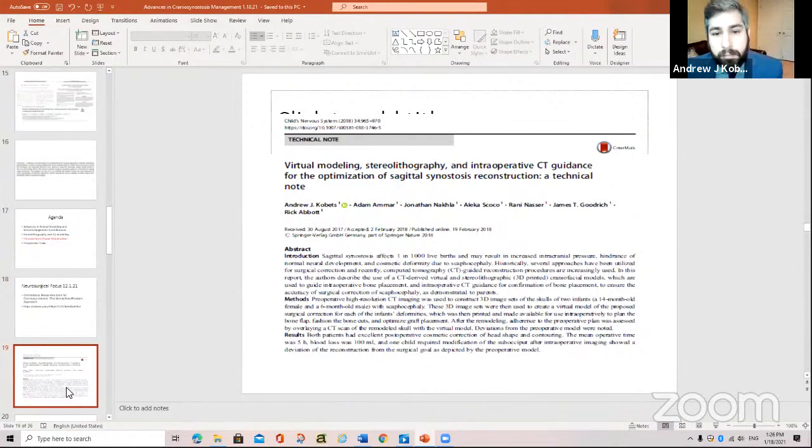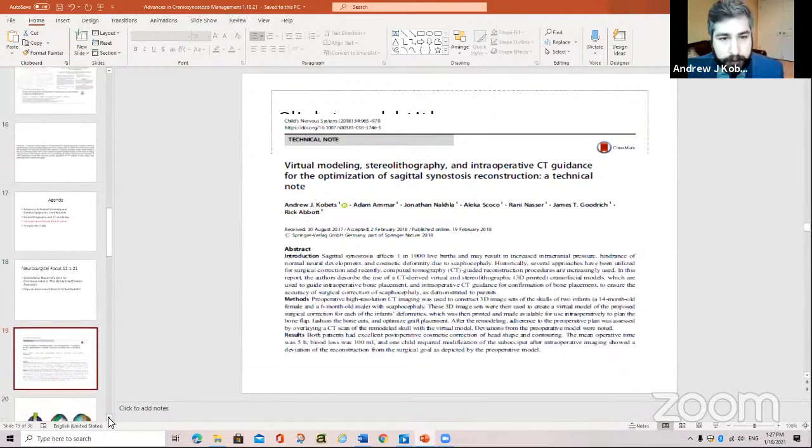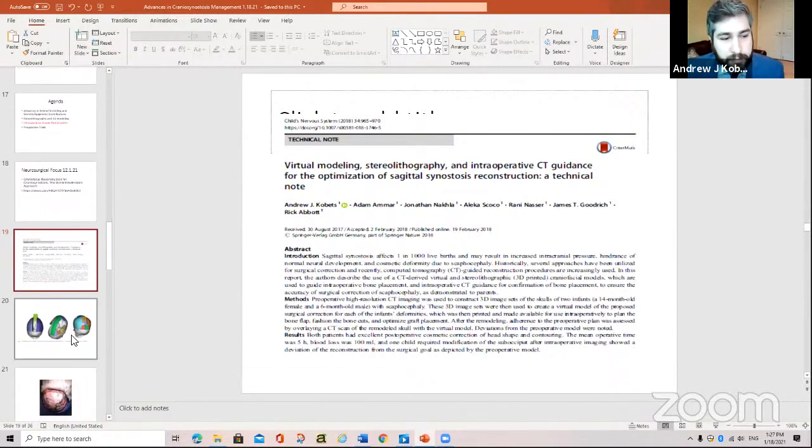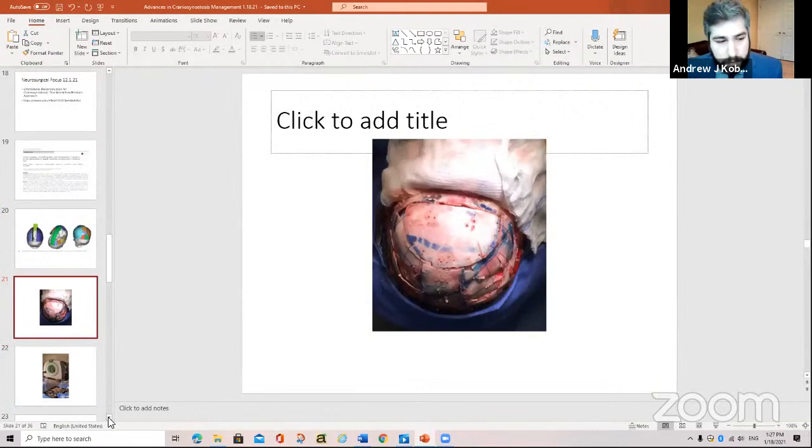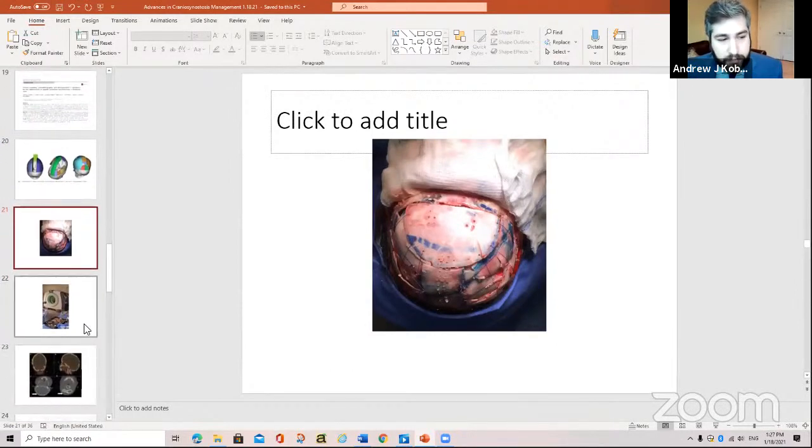We've also had a couple of advances in our ability to provide a greater evaluation of our correction intraoperatively, and we've been leading the charge in this in the literature. This was a paper from Child's Nervous System in the last few years. After our virtual modeling preoperatively, we perform our reconstruction in the OR, as seen in the previous video.